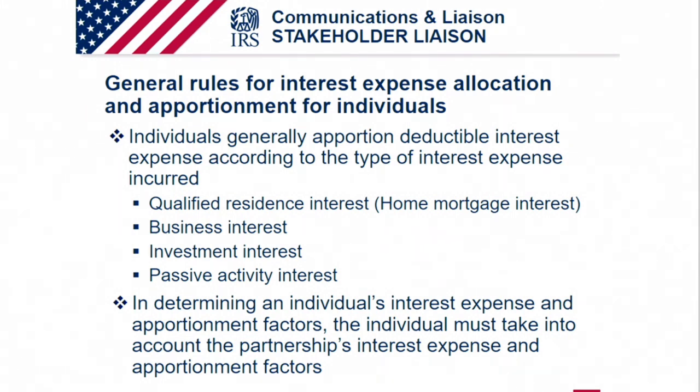The types of interest expense identified in the rules are qualified residence interest, which is your home mortgage interest, business interest, investment interest, and passive activity interest. If the individual is a partner in a partnership, the individual must consider the partnership's interest expense and apportionment factors.